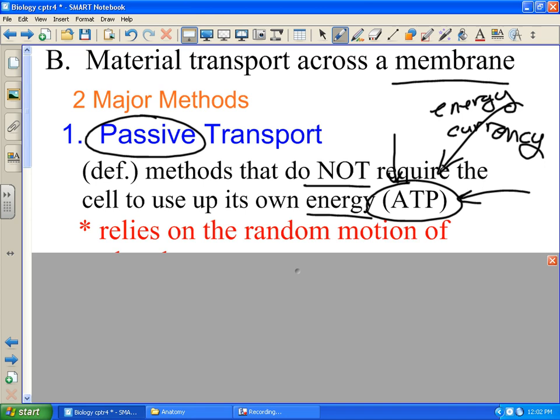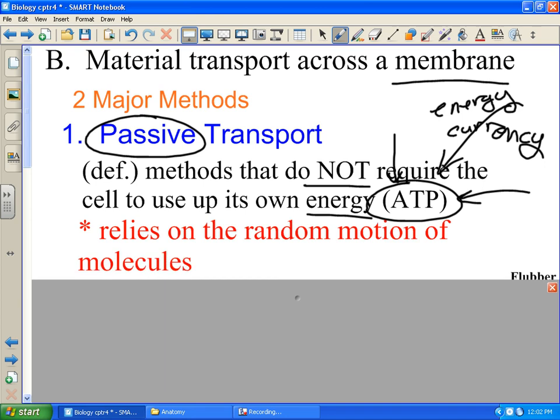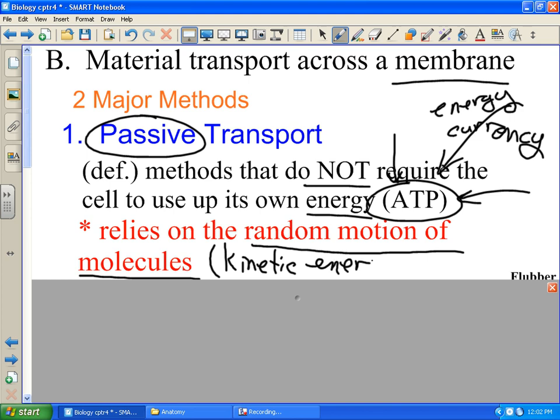Okay, so these are ways for the cell to move stuff without using its own energy. It does rely on the random motion of molecules, something we call kinetic energy.